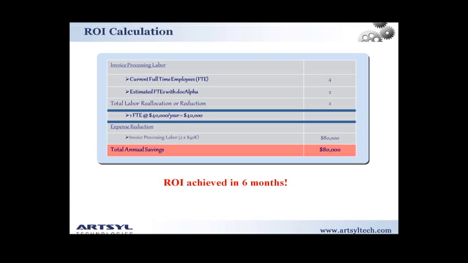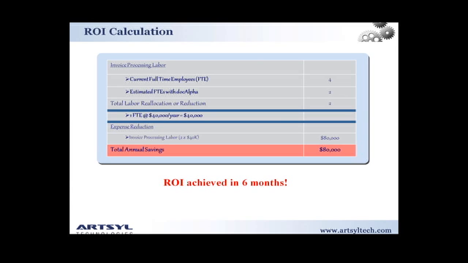If today you're paying 4 AP clerks to enter your data, with docAlpha you can certainly do it with 2. You're reducing the headcount by 2. On average, an AP clerk in any major metropolitan area is making probably $40,000 a year fully burdened. That means your invoice labor savings when the system is implemented is at least $80,000 per year.